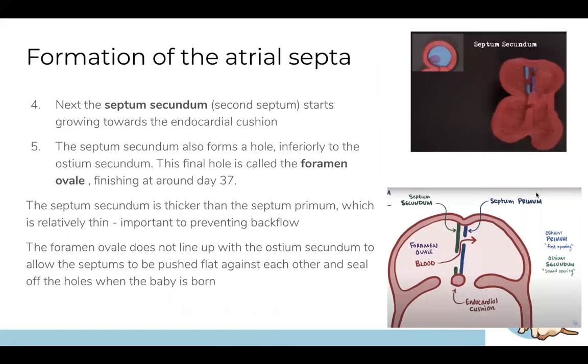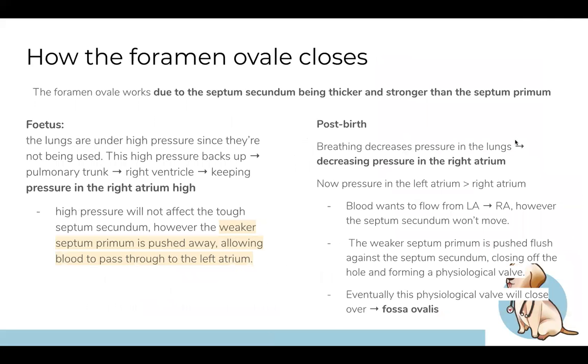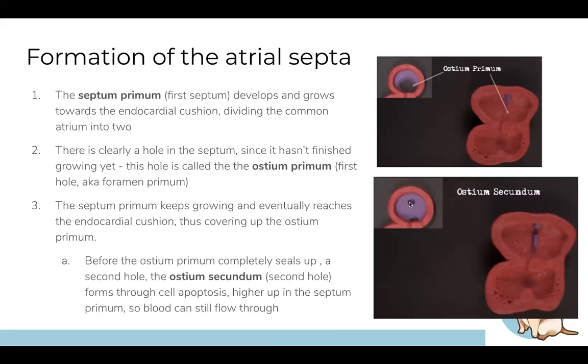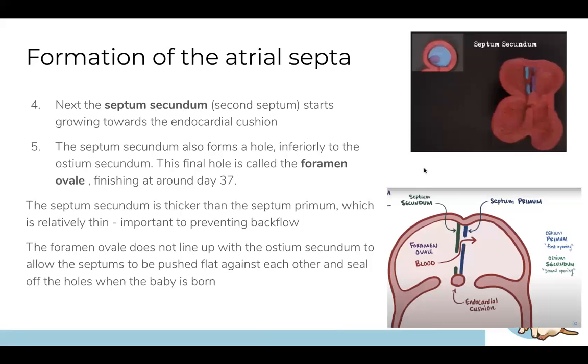So now you have your full context, we have our full thing, and we just have the ostium secundum. Then your septum secundum starts growing towards the endocardial cushion. It also creates a hole via apoptosis, which is just inferior to the ostium secundum.